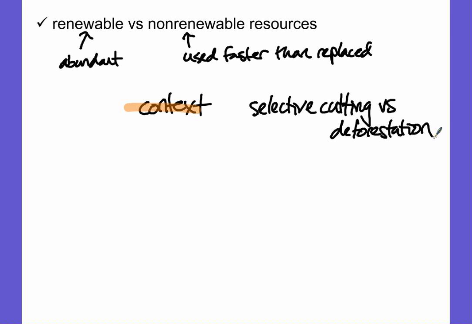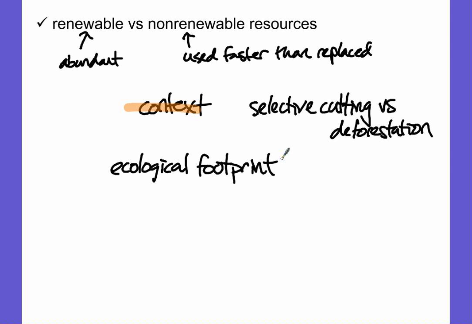The other thing that goes with this section is an ecological footprint. And most of that just comes down to understanding that we use more and more resources anymore because of that increase in technology.